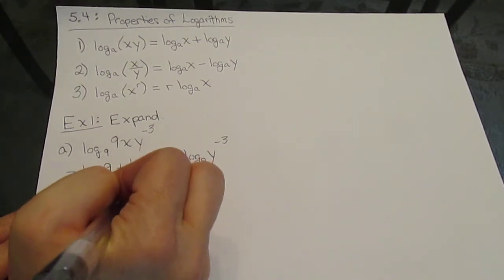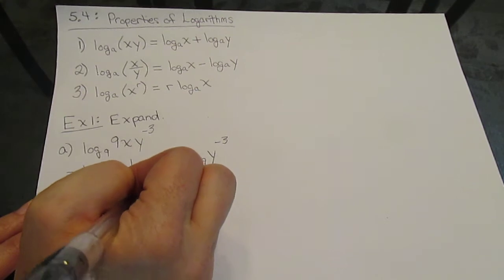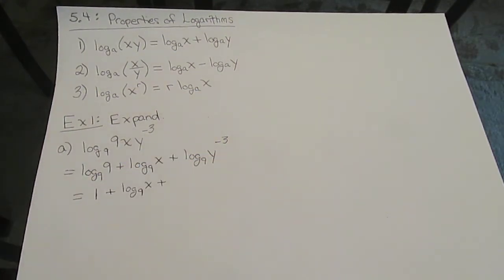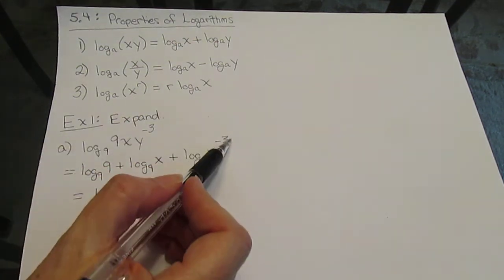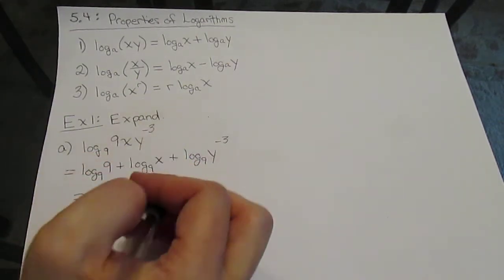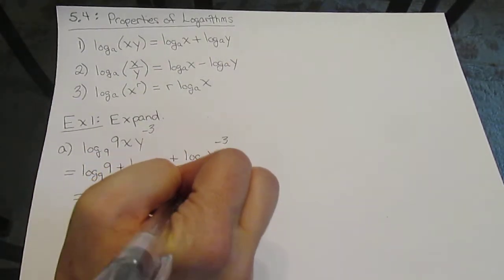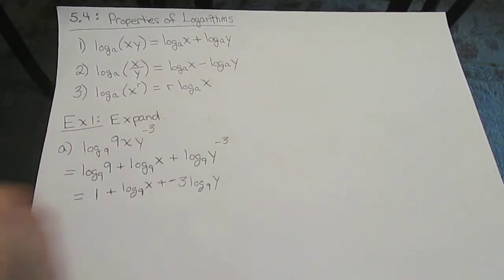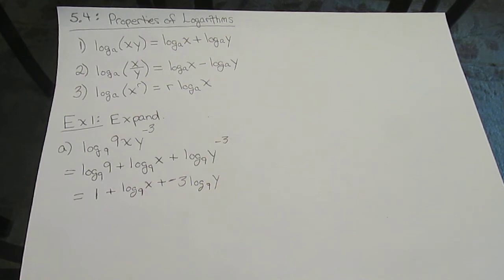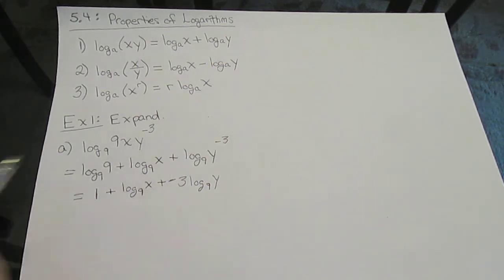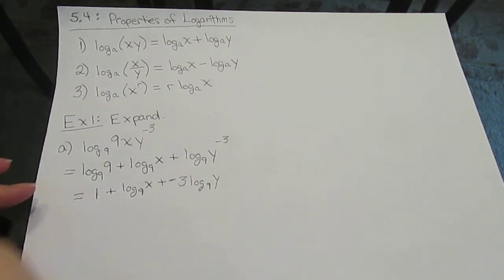So we've got log base 9 of x plus, and the last one, notice it's to the negative third power, so we can bring that power down in front like the third property told us. So we'll put negative 3 log base 9 of y. Okay, and that's as far as we can simplify. If you want to just put subtraction here instead of plus the negative, that's fine as well.